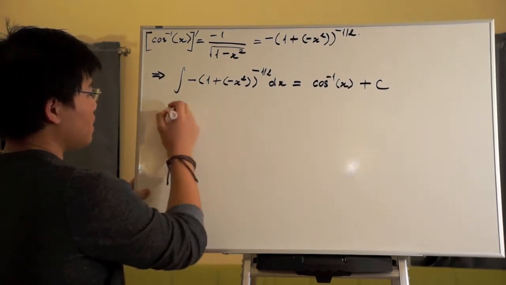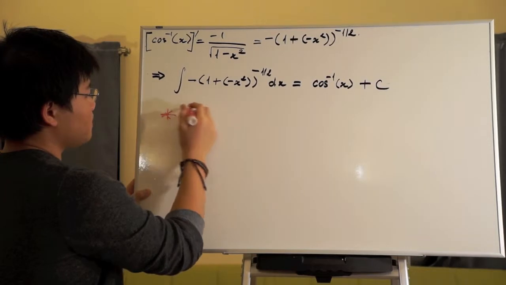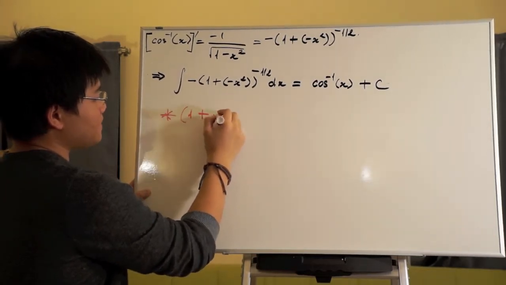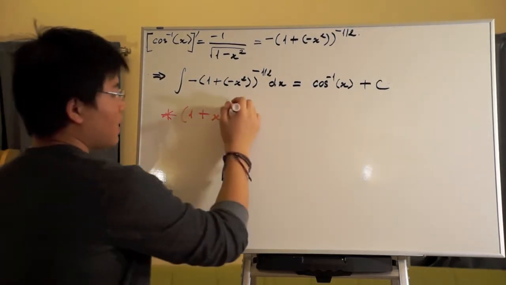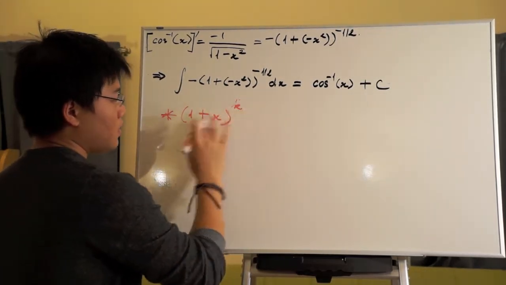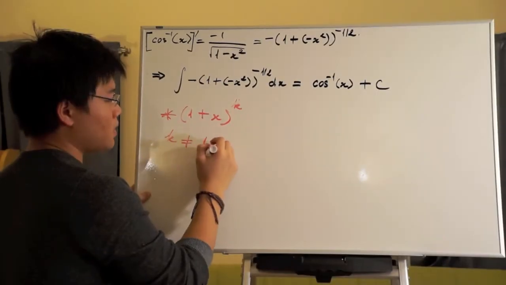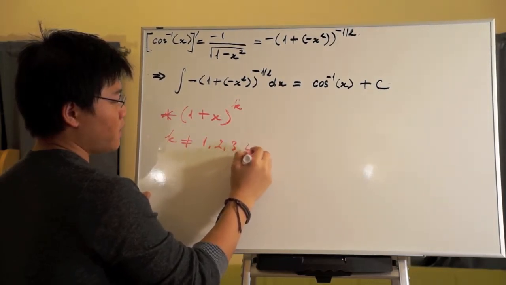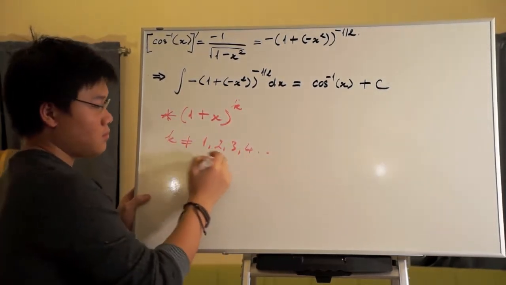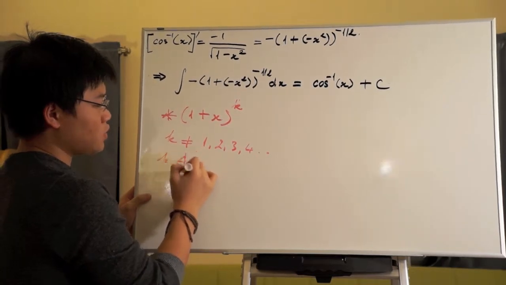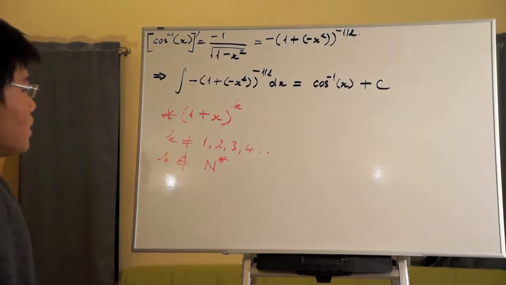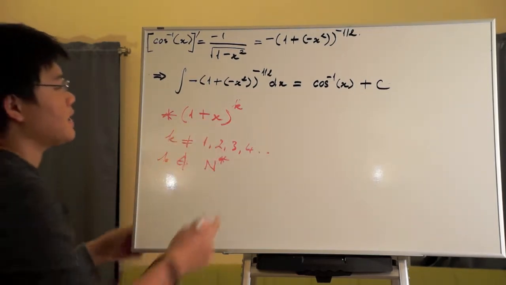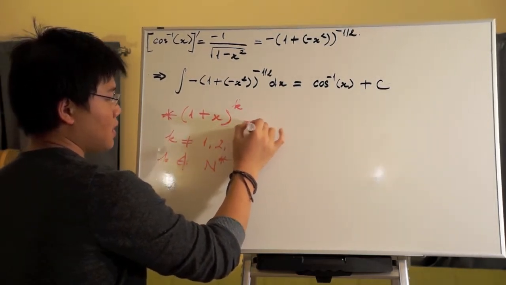So when you have a polynomial function 1 plus x to some power k, where k is not a natural number, meaning k is not 1, 2, 3, 4, you can expand this as follows.